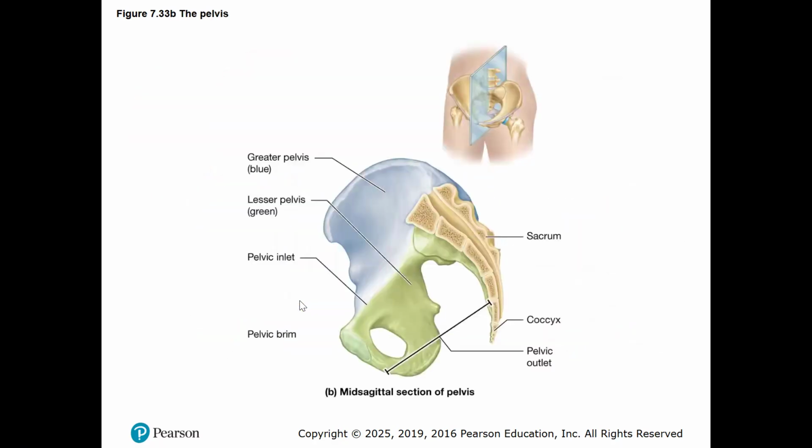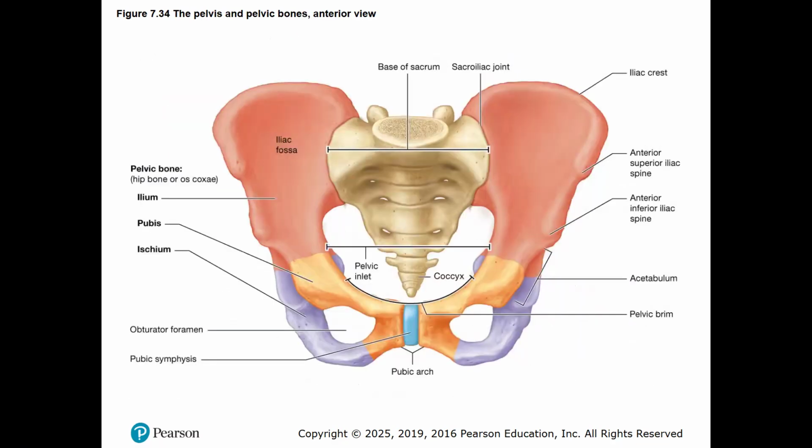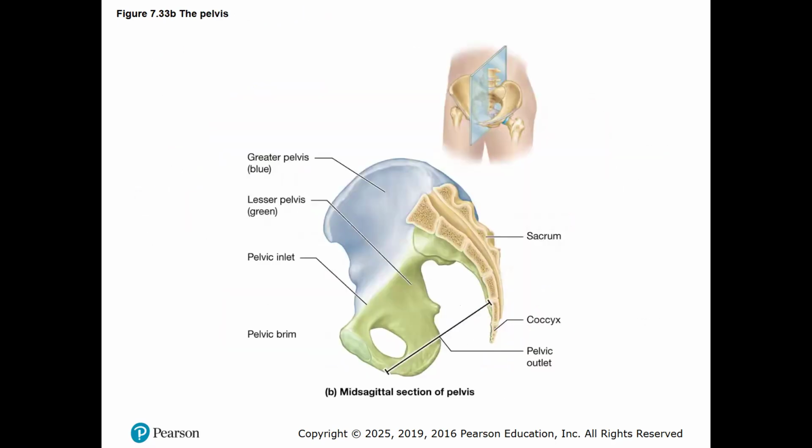So let's look at some of the more specific features here of an articulated pelvis. You see the sacrum and the coccyx, which we spoke about in part 1. You see here the iliac fossa and the iliac crest, which are part of a flat bone, and the superior iliac spine, which has a small projection, and this greater sciatic notch.